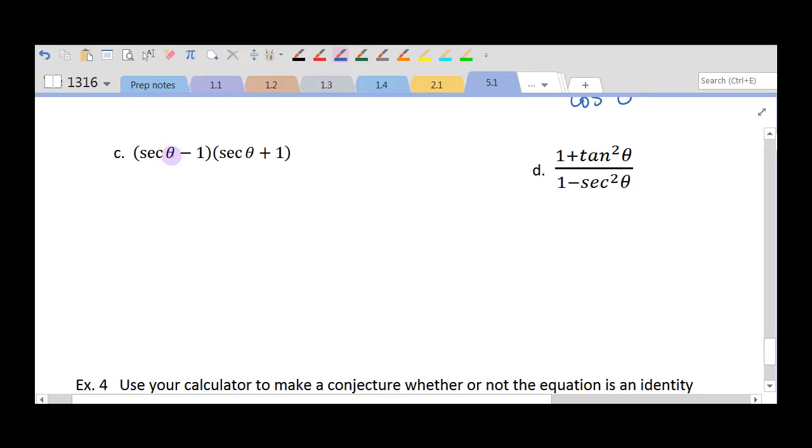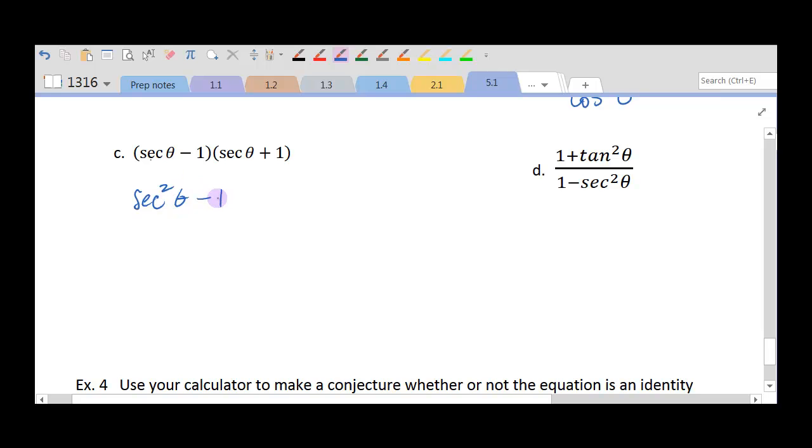Here I have some binomial multiplied by another binomial. In it, secant theta appears in both of them, and 1 appears in both of them. Anytime you have something that looks like this, you might want to think about FOIL. What happens if I FOIL these two terms together? Well, I get the square of the first term, which is just secant squared theta, and outer and inner cancel, leaving me with secant squared theta minus 1.